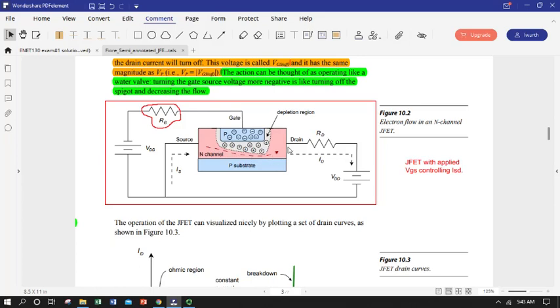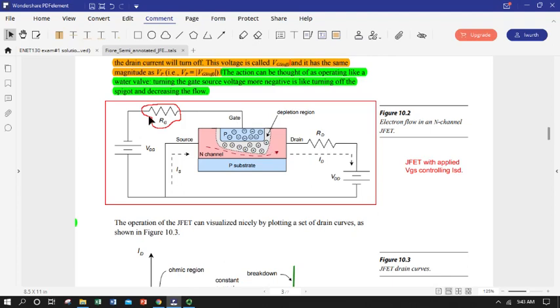This is akin to sticking your heel on a garden hose and cutting off the flow by pinching the hose, or an iris gate, or any kind of gate in a pipe, where as we close the gate down or we close the valve down more and more, the flow drops. No matter how much pressure we have, if the valve is shut or partially shut, we limit the flow.